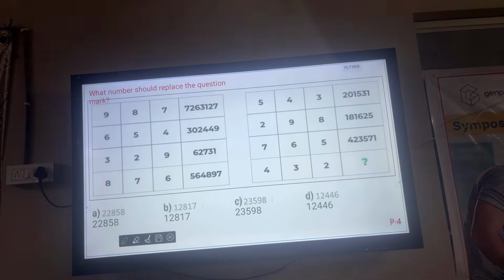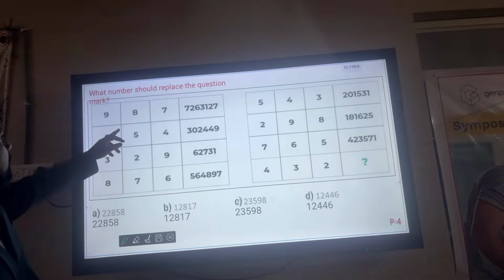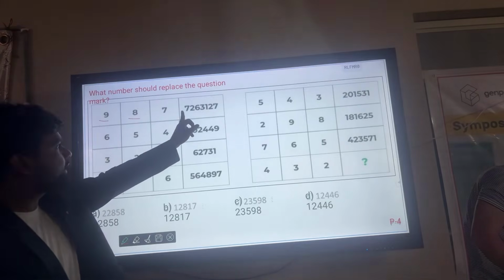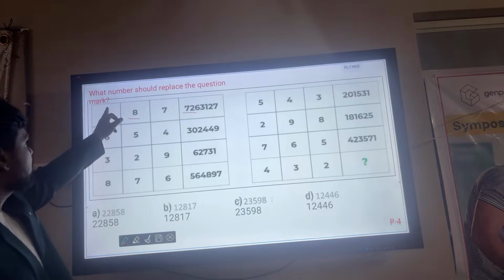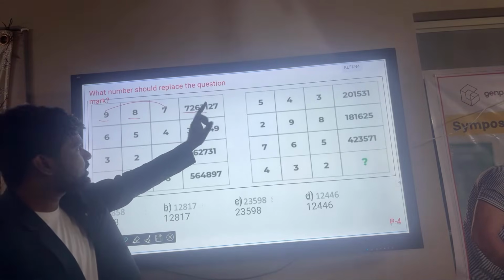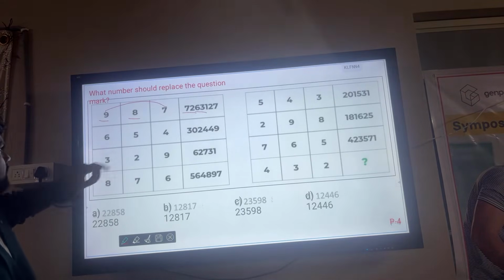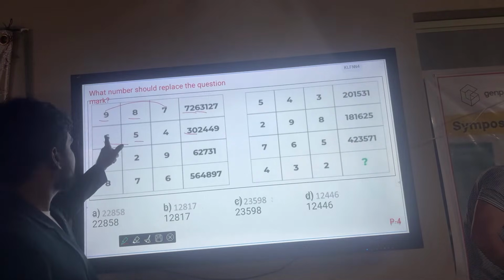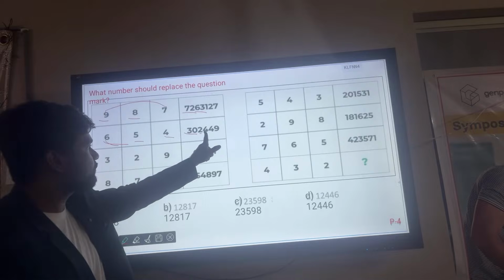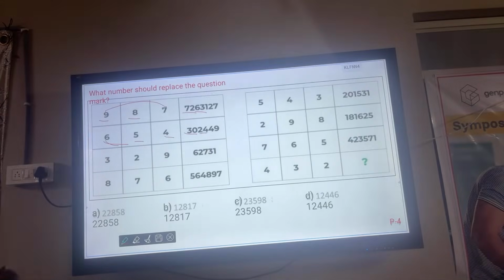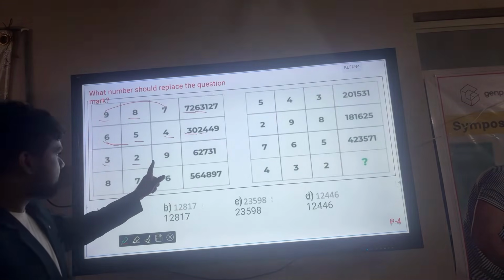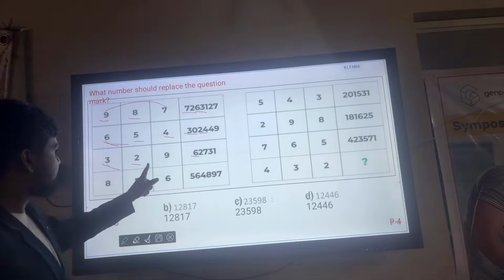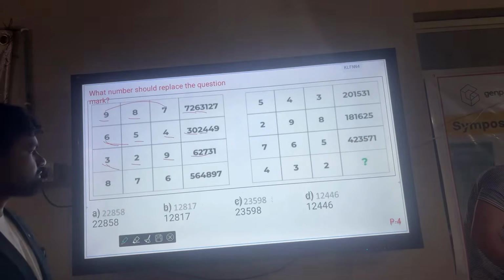Ready? If you observe this puzzle, 9 8s are 72, 9 7s are 63, 6 5s are 30, and 6 4s are 24, 3 2s are 6, 3 9s are 27.